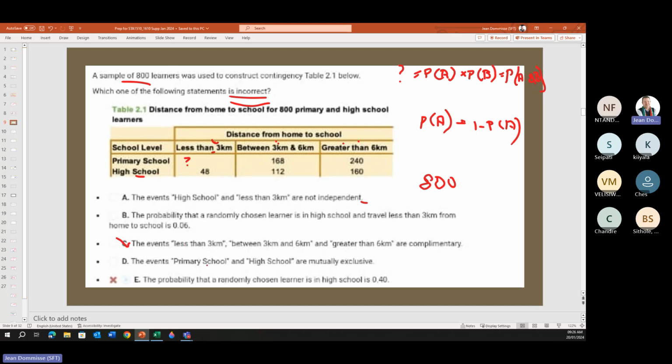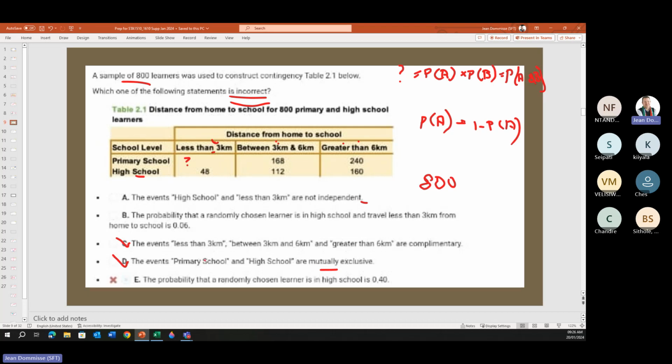Then, events primary school and high school are mutually exclusive. Correct. So you can't be in primary school and high school at the same time. The same with the distances. You can't be less than 3 kilometers away from school, but also between 3 and 6, and also greater than 6. So you can only fall into one of those.